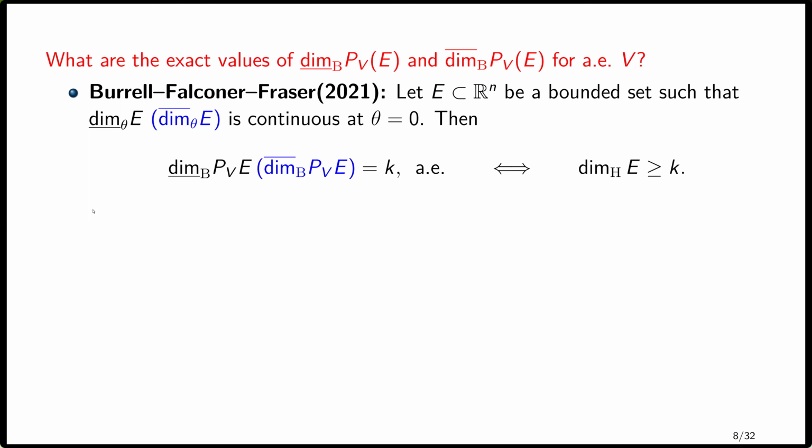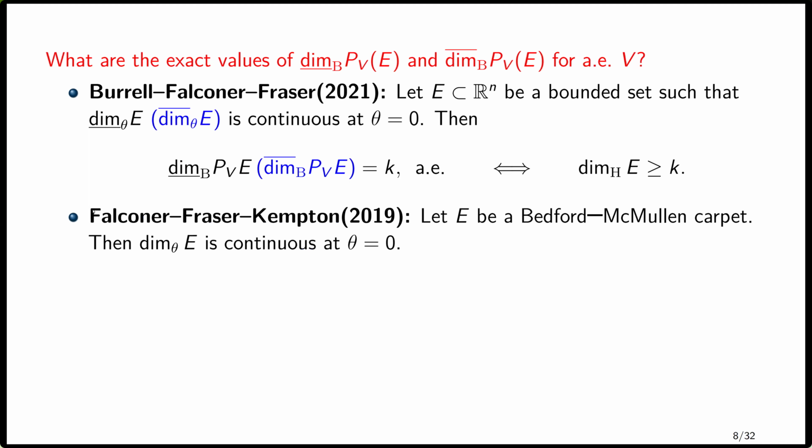Well, what kind of set satisfies this condition, that the lower intermediate dimension is continuous at 0? Can we have some example that satisfies this condition? Yes. In 2019, when they first introduced the definition of intermediate dimension, they proved that if E is a Bedford-McMullen carpet, then the intermediate dimension is continuous at 0.